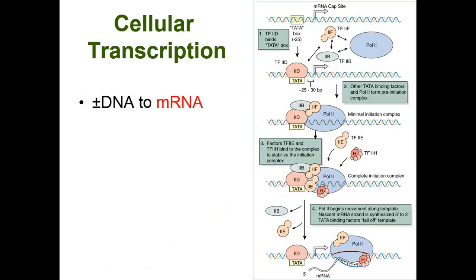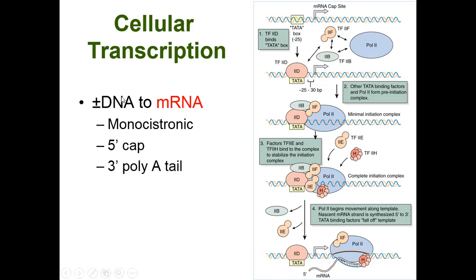The next process is called cellular transcription. This is the process of double-stranded DNA being converted to messenger RNA. This messenger RNA is monocistronic. One messenger RNA codes for one protein.